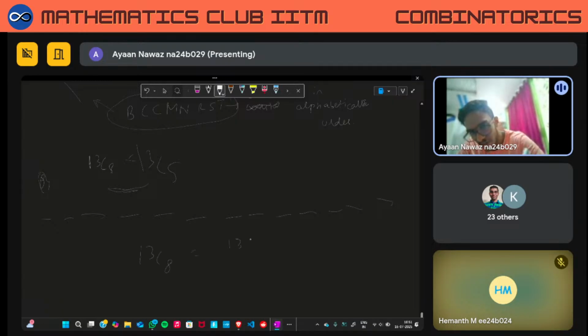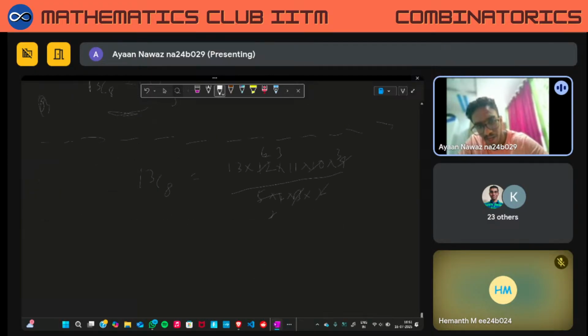That will be 13 into 12 into 11 into 10 into 9 divided by 5, 4, 3, 2. Three threes are nine, and 6 cancel. That is 11 into 13 into 9.